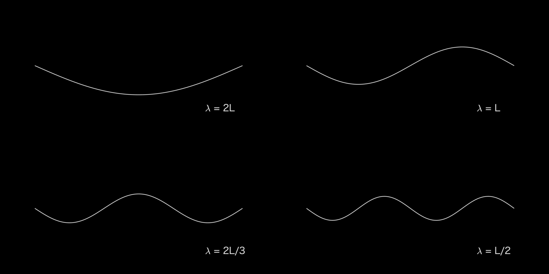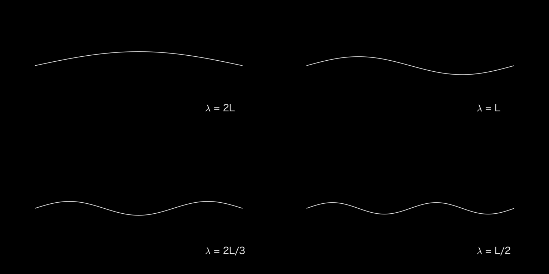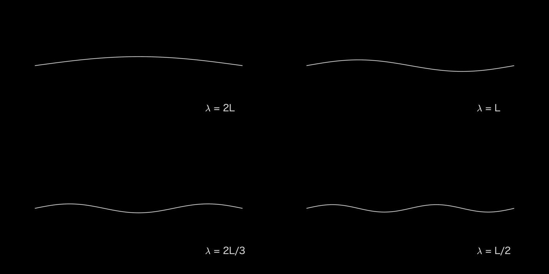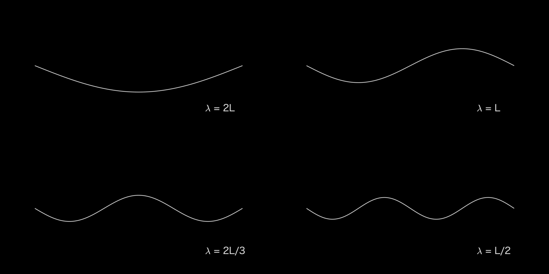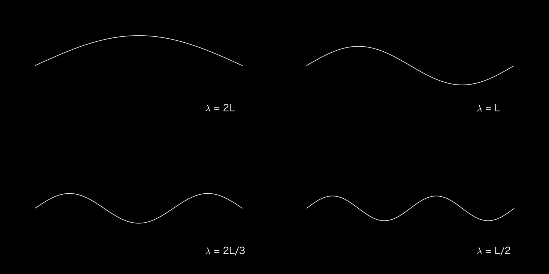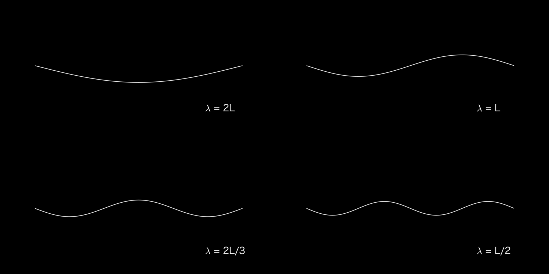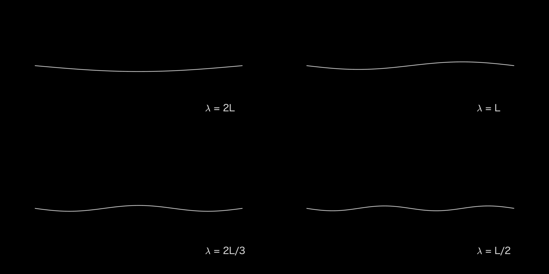That there is more than one frequency is actually what gives a guitar its characteristic timbre. Indeed, the sum of all the different vibrational modes of any musical instrument is what makes that instrument recognizable.